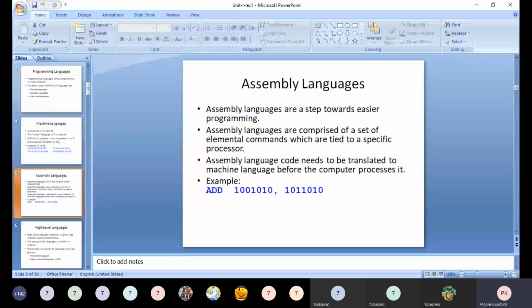So it is in the middle. Assembly languages are a step toward easier programming, so we can accept that assembly language is somewhat easier than machine language. Assembly languages comprise a set of element commands, which are the mnemonics.